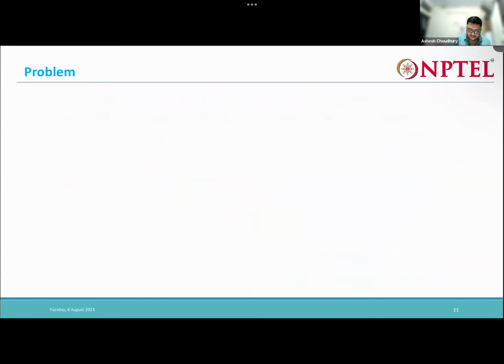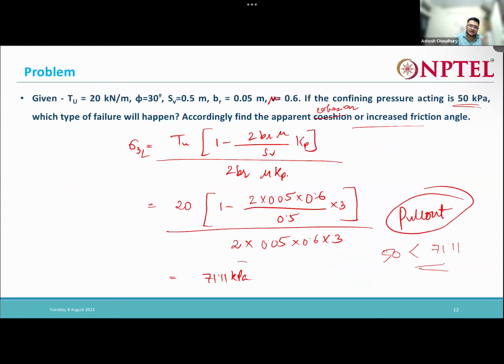And if the confining pressure is low, or for strong reinforcement, here the confining pressure is low, just 50 kPa, so hence we are having this pull out or friction activity. Numerically also we saw the same results, right?